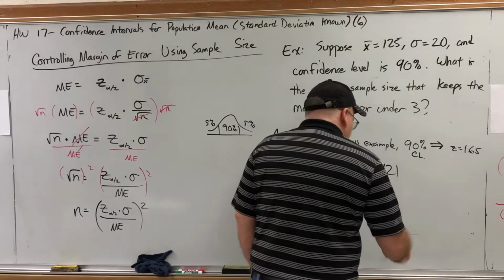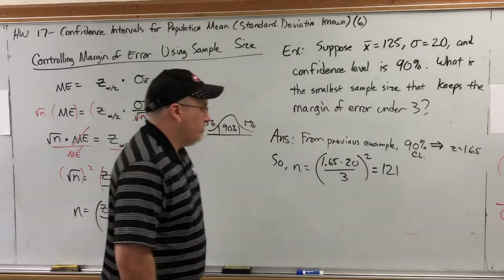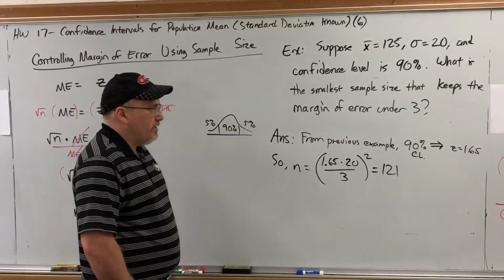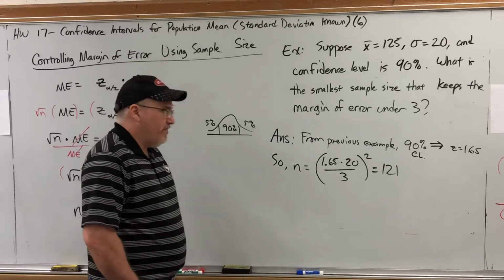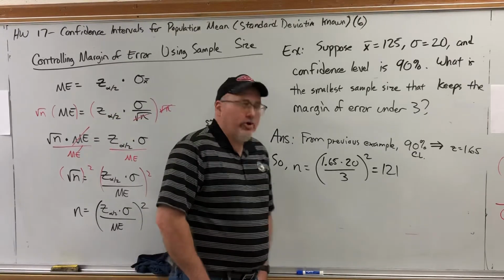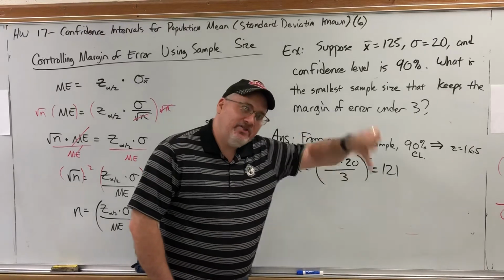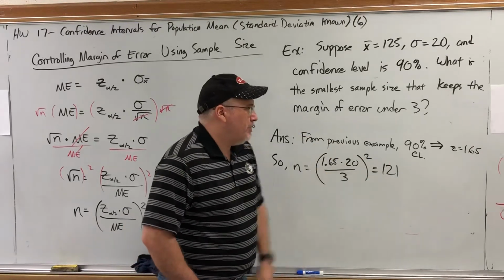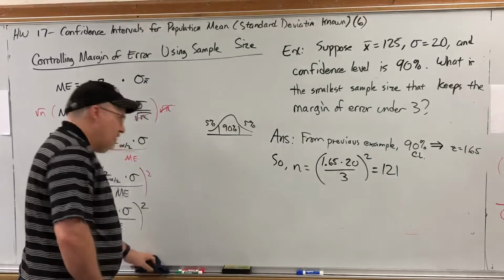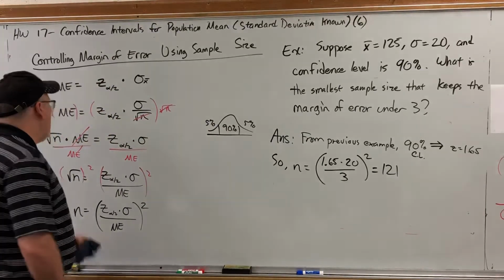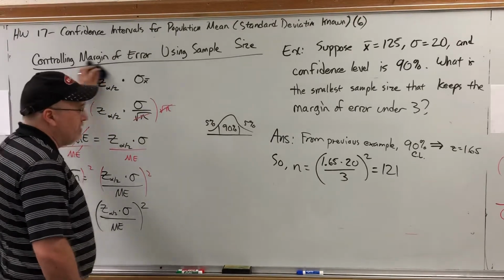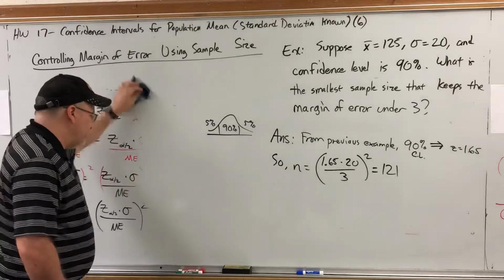So, our desired sample size is 121. As long as we have a sample size of 121, we'll have our correct margin of error. It could be larger because raising the sample size decreases the margin of error, but that would be the smallest one. Unfortunately, this example didn't make my point because I wanted to talk about what would happen if the n came out to be a decimal.